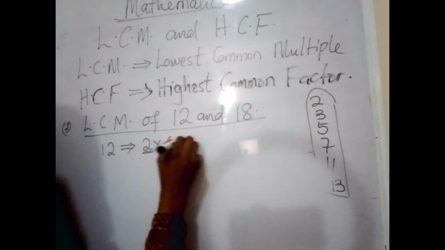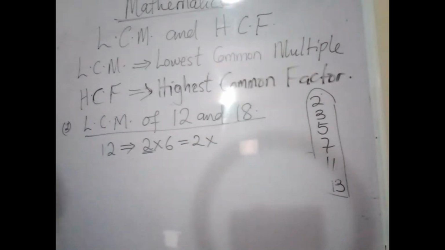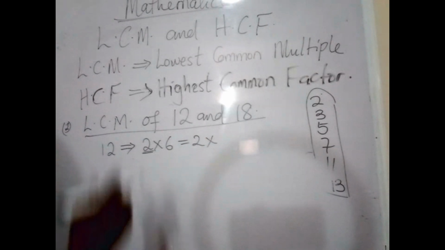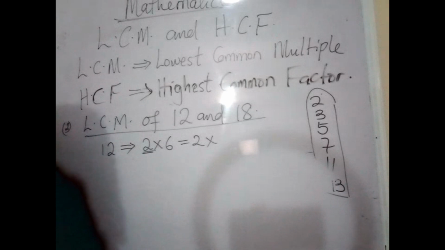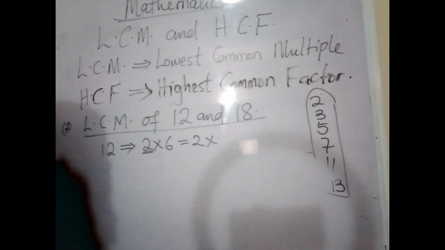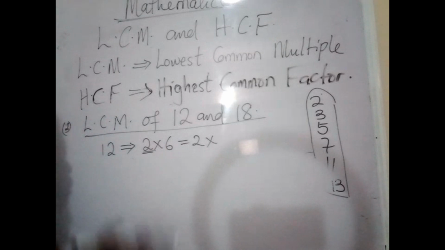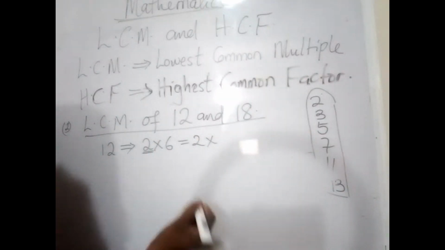So this will give us 2 times, what numbers can we multiply to get 6? Or what number do we know that can break 6 down, that can divide 6 without a remainder? 2 can divide 6 because we said every number that ends in 6 is an even number. So let's use 2 again. So 2, how many times will 2 go into 6?